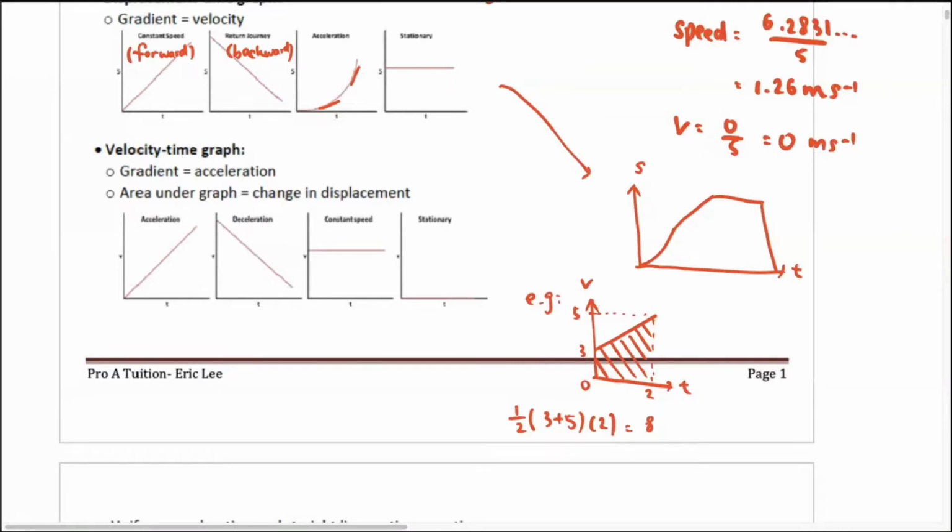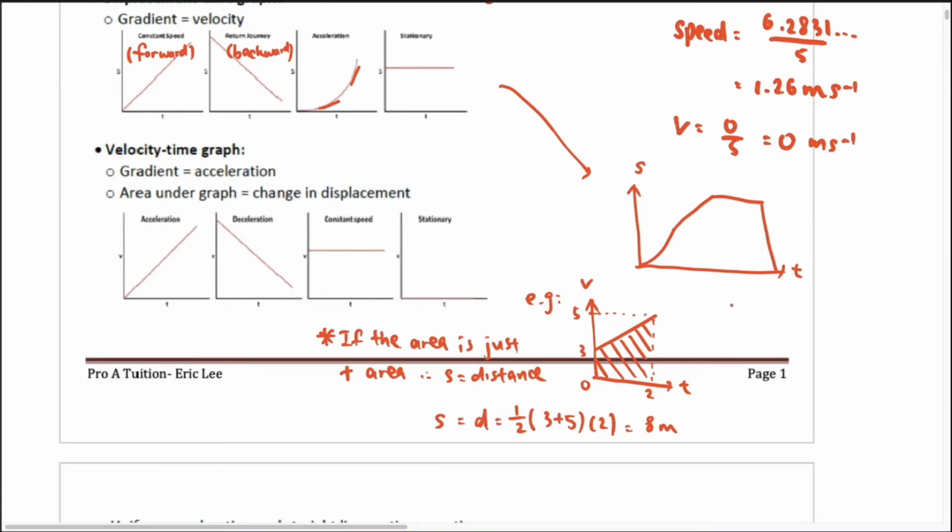If the area is just positive area, then displacement equal to distance. So that means this 8 meter, you can call it displacement. You can also call it distance.